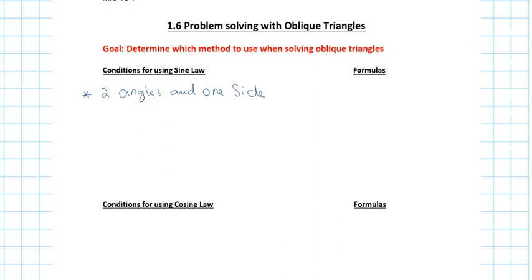In this case, I'll be looking for the second side. Since I'm looking for a side, the formula would be a over sine A equal to b over sine B equal to c over sine C.